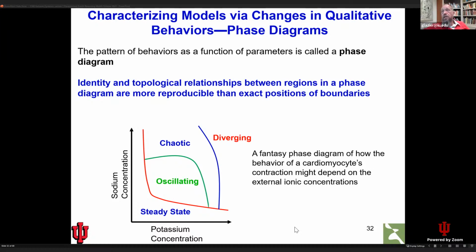So this is what's called a phase diagram. Physicists use the term phase diagram. If the temperature and pressure are this much, water is ice. If the temperature and pressure are this much, we have steam. If the temperature and pressure are this much, we have liquid water. And in the case of ice in particular, there are many different kinds of ice.